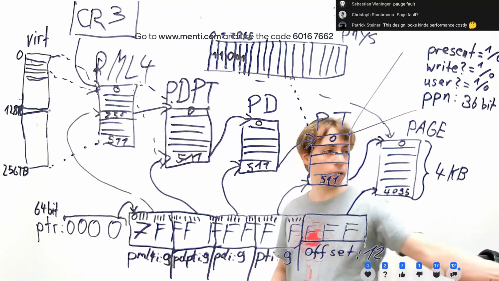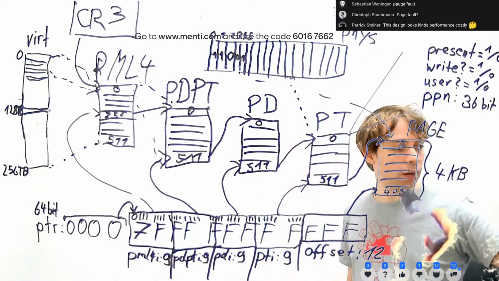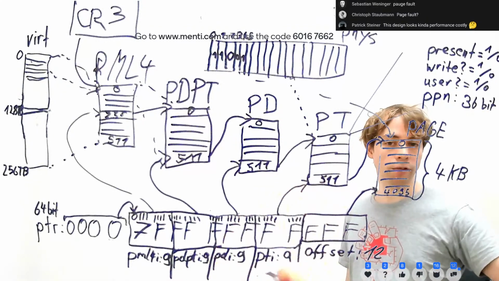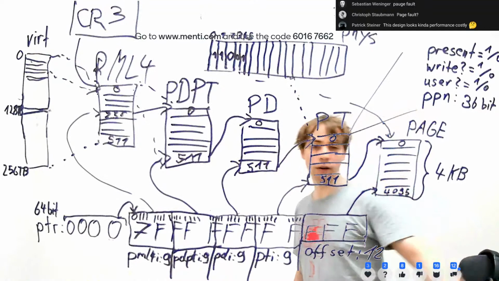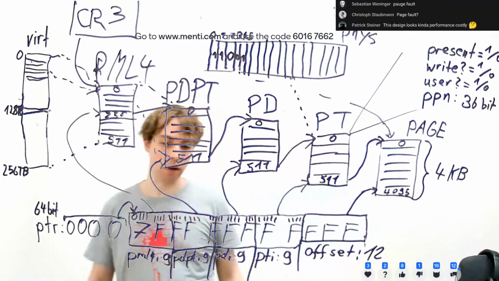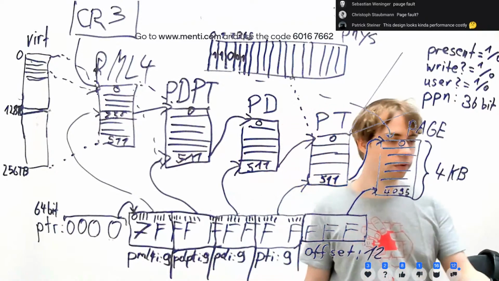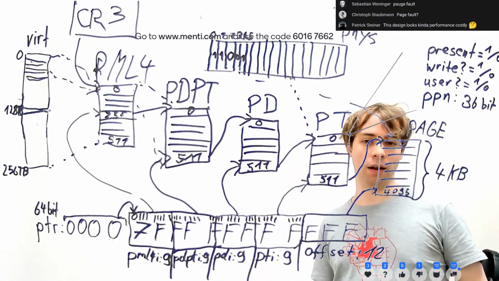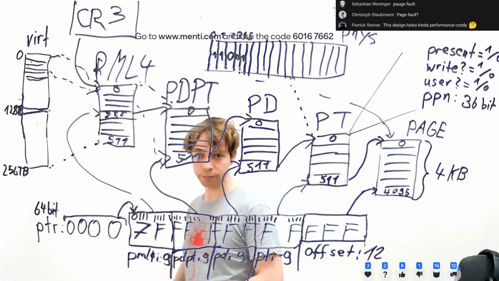A bit more because this is recursive, so you would have an overhead of 1 divided by 512 plus 1 divided by 512 to the power of 2, plus 1 divided by 512 to the power of 3, and plus 1 divided by 512 to the power of 4.